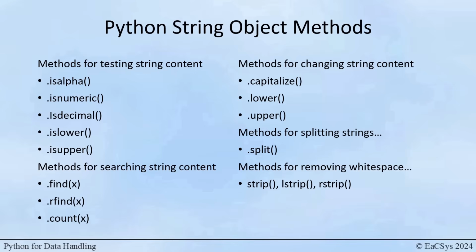We will begin to talk about some string methods used to test the content of strings, tests which may be important when using strings in terms of data handling. And the methods we will learn to use are isAlpha, which tests if a string consists of only letters, and the isDecimal method, which tests if the string consists of only decimal characters.